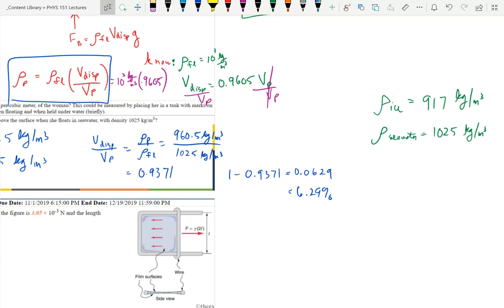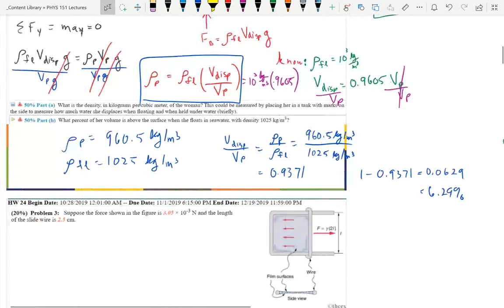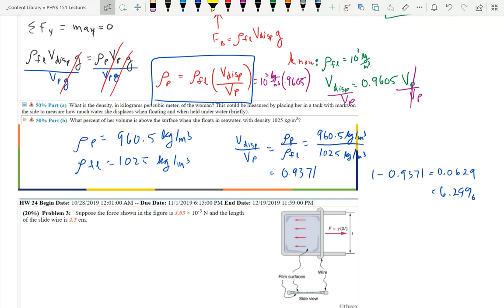It's not like the volume displaced of the... Well, yeah, the volume of the person is on the bottom, and the density of the person is on the top. But isn't there a formula that says that? Well, it comes from the work we did.